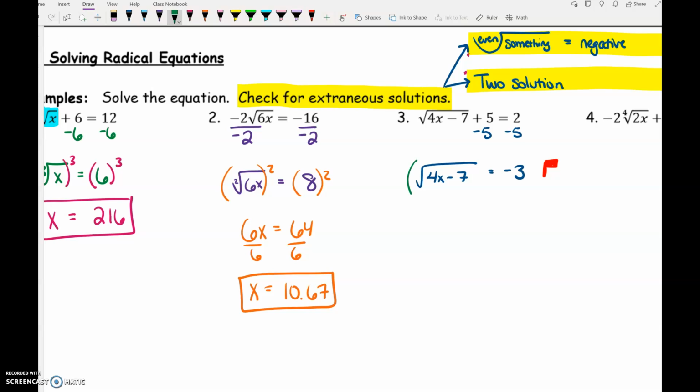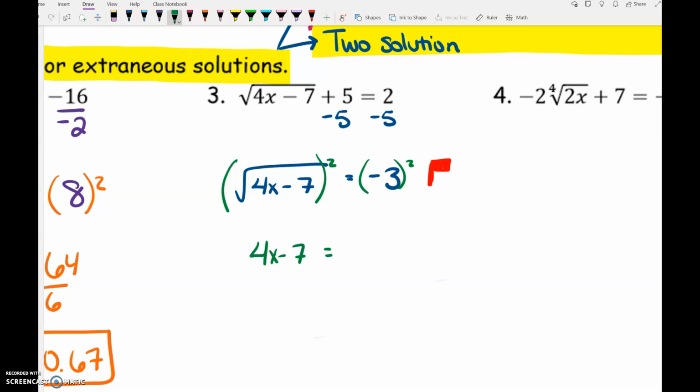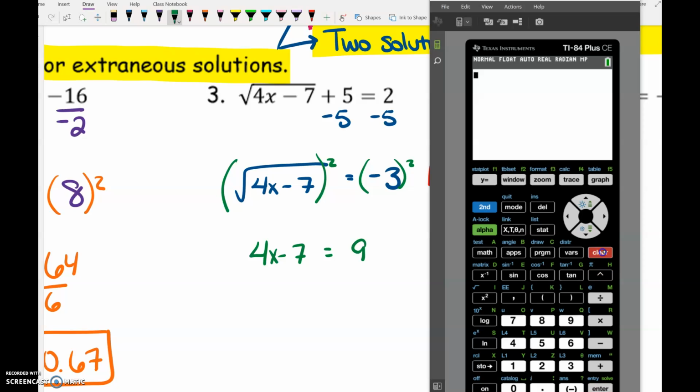To get rid of a square root, we square both sides. Another really common mistake. -3 squared is +9. If I type into my calculator -3 squared, my calculator says -9 because it doesn't know what you're intending. But think about what squaring something really means.